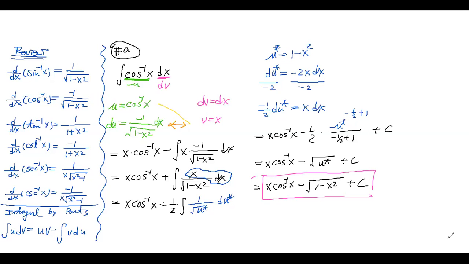Okay, so now let's take a look at the second problem here. The second problem, part B, this will be the arctangent here, right? The arctangent of 2y dy. So the same strategy here, right?